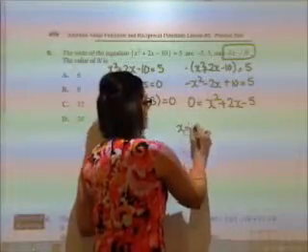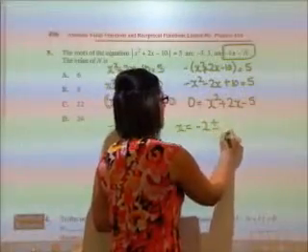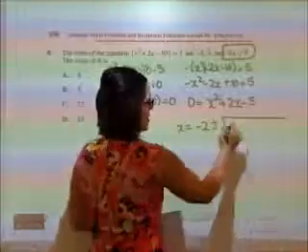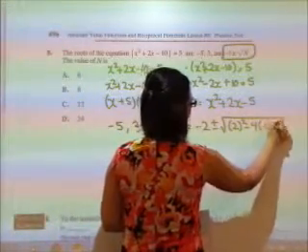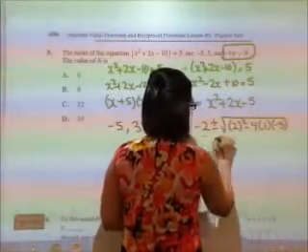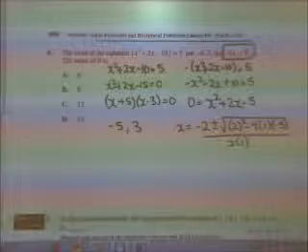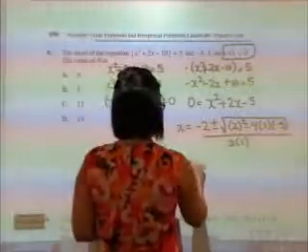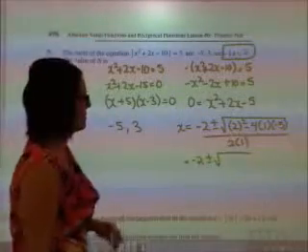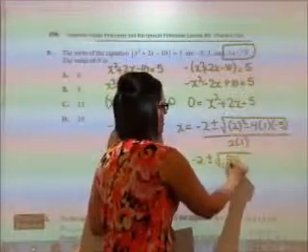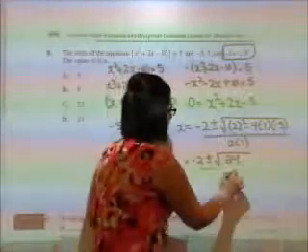So x equals -b plus or minus the square root of b squared minus 4ac over 2a. So I've got -2 plus or minus the square root of 24, because this would be 4 plus 20 over 2.